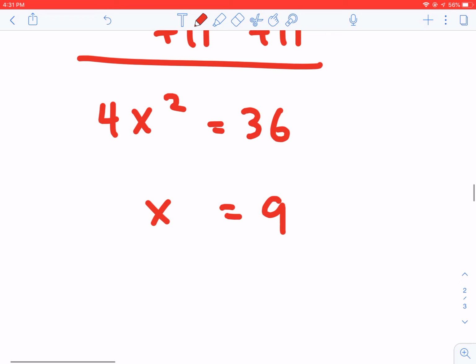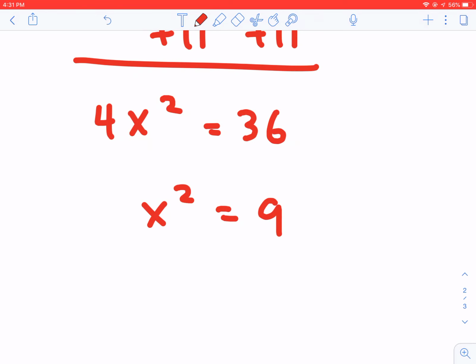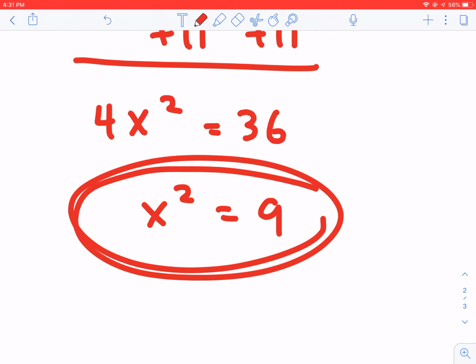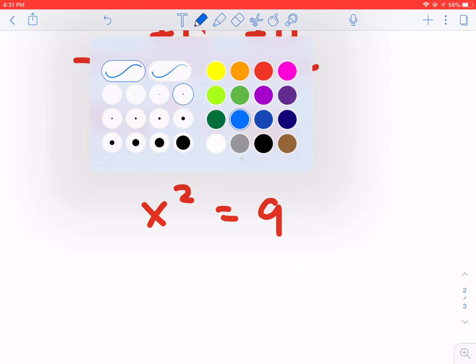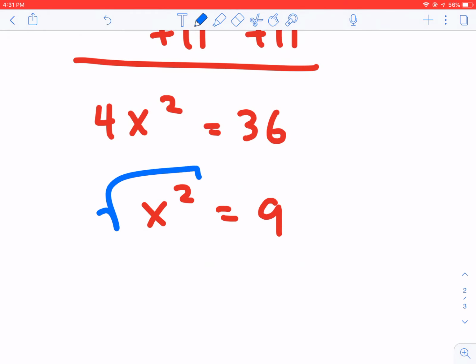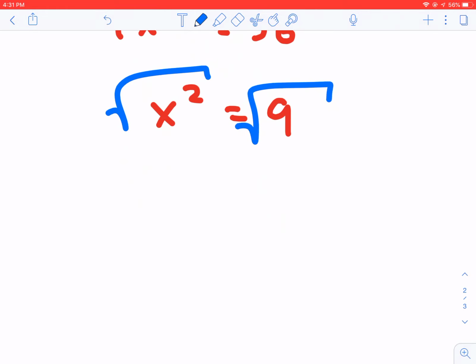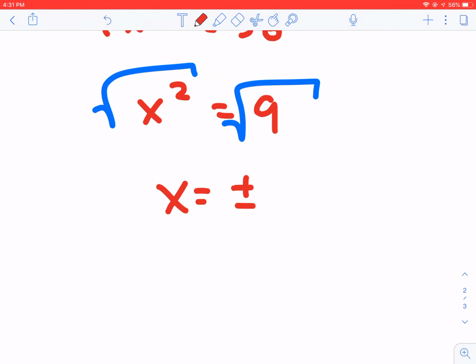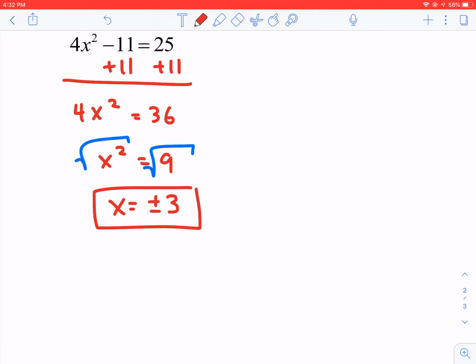So we're kind of just solving for x squared first, getting that by itself. Right? And once we have something squared equals something else, well, we know we can solve this now by taking square roots. And in doing that, we get x equals, do not forget the plus or minus, right? It's plus or minus the square root of 9, which is plus or minus 3.